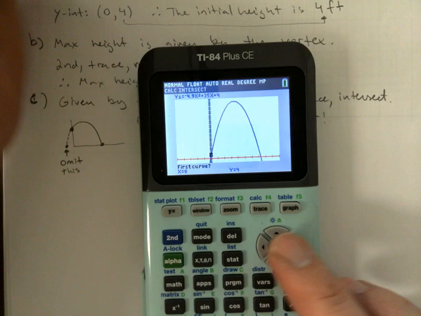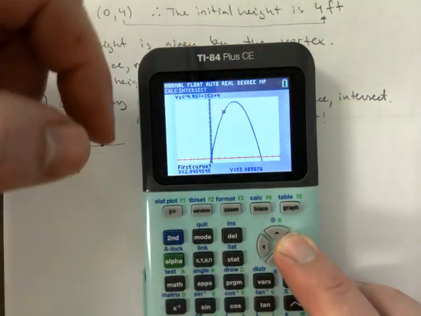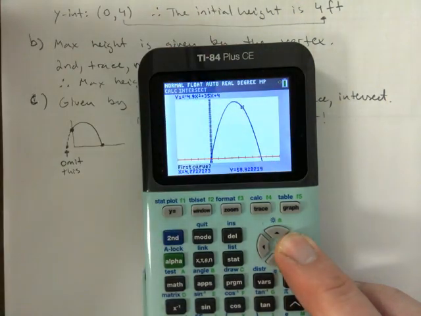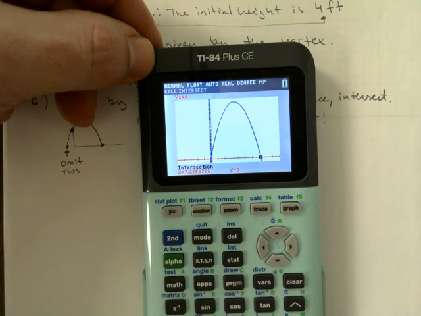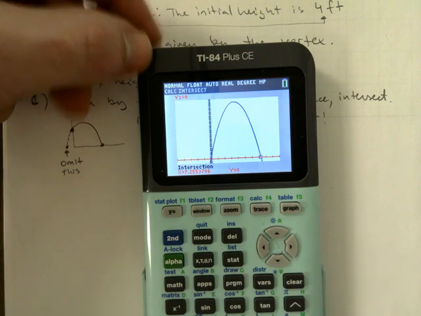And I think a lot of you are like, yeah, I get it. It's this one, right? Because it's launched and it hits the ground right there. So enter, enter, enter. That's 7.26 rounded.